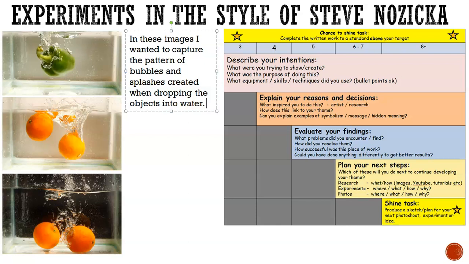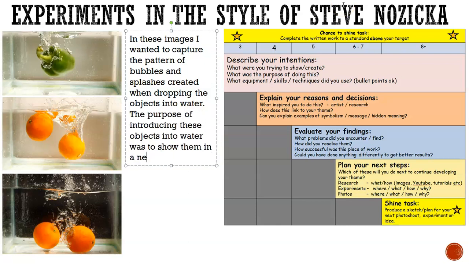So something that's quite normal, quite dull, that we see around the house or in shops has suddenly been brought to life by putting it in an unusual setting and showing it in a really creative and artistic way. So how shall I write that? Making them appear more exciting.